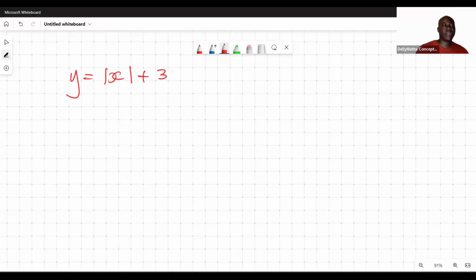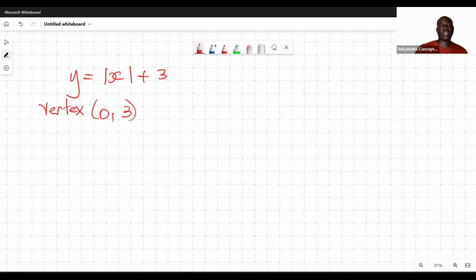Again, I want to first grab my vertex. When we look at this situation here, I know that I have a 3 for my y, but the fact that I'm not seeing any h value means that it's a 0. So it's at 0, 3.